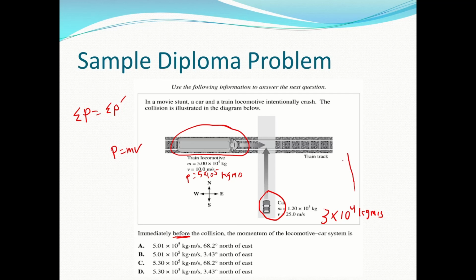So I would take my y, which is the 3 times 10 to the 4, my x, which is a little bit bigger, 5 times 10 to the 5, and then that's going to be my total momentum before, right? Or after. It doesn't make a difference. So I got to find that angle there, and I got to find my resultant.